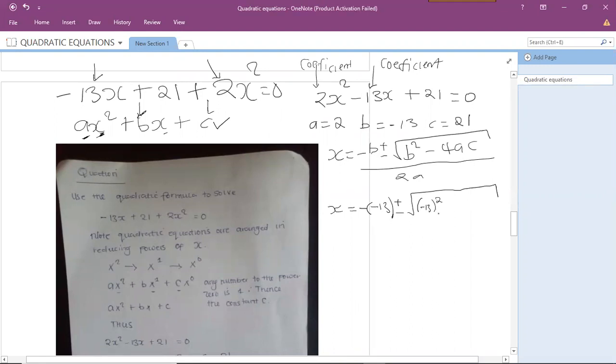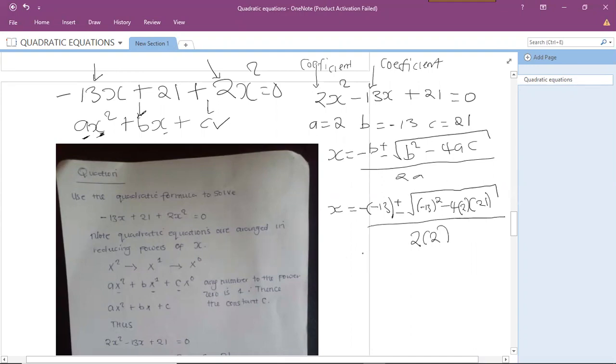These brackets help prevent integer mistakes, because there are a lot of integers in this formula. So again, minus 4, open brackets, a is 2, close brackets, c is 21, close brackets, the whole thing over 2, open brackets, a is 2, close brackets.